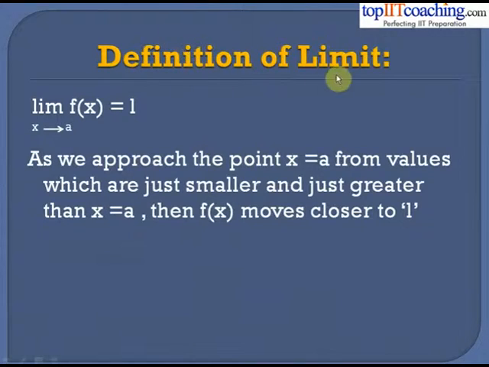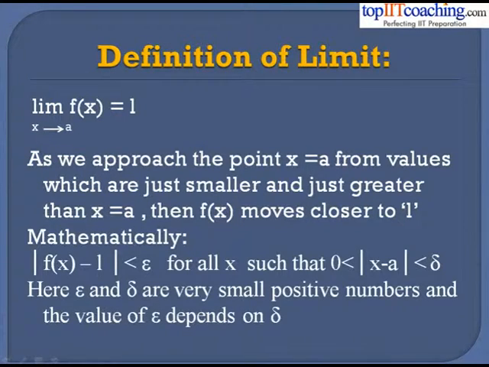Now let's define what a limit is. It is defined this way: if x tends to a, the limit of f(x) is equal to L. As we approach the point x equal to a from values which are just smaller and just greater than a, then f(x) moves closer and closer to the value L. If I say that x tends to a, f(x) would tend to the value L. Mathematically we can write it as modulus of f(x) minus L is less than epsilon for all x such that modulus of x minus a is greater than 0 and less than delta.